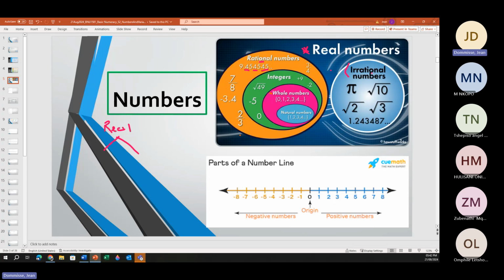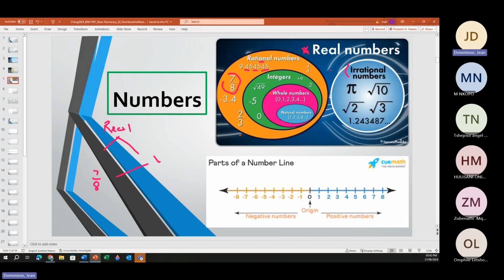So they might give you a number, for example 7/8, and ask: is it classified as a rational number? Yes, it is a rational number.